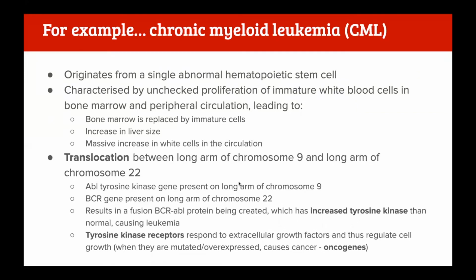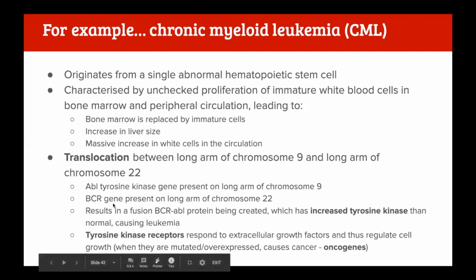Now, on chromosome 9, we have what we call the ABL tyrosine kinase gene, okay? And on chromosome 22, we have what's called the BCR gene. So when you have a translocation between these two chromosomes, you'll get a fusion of these two genes, and it will create a fusion protein that leads to increased tyrosine kinase than normal, and this is what causes leukemia.